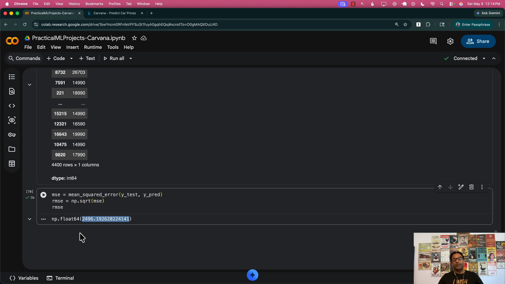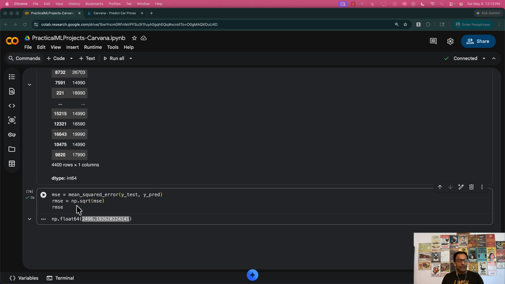Okay, 2,500. What does that actually mean? Because this is the important part, right? Since mean square error squares a number, the result becomes really huge. We have already seen that. So taking the square root brings the value back to the original unit.